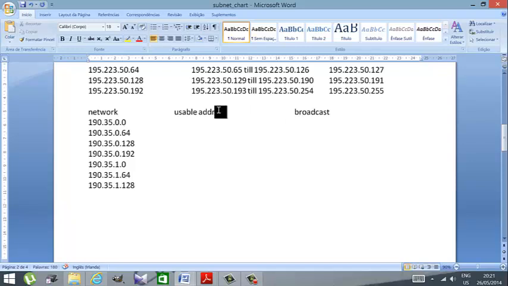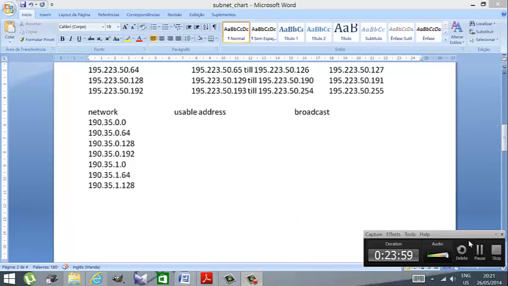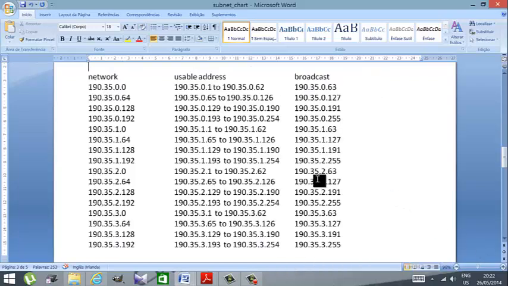and we will calculate that 15 times. I'm gonna put this calculation straight away, otherwise the video is gonna be very big. So here we go. After adding 64 in each network, we got all these networks right here in the middle.